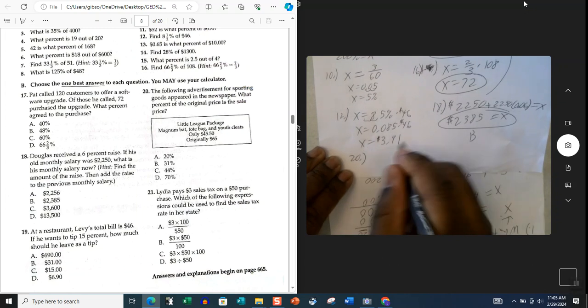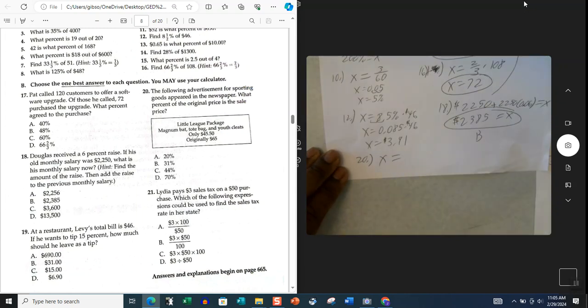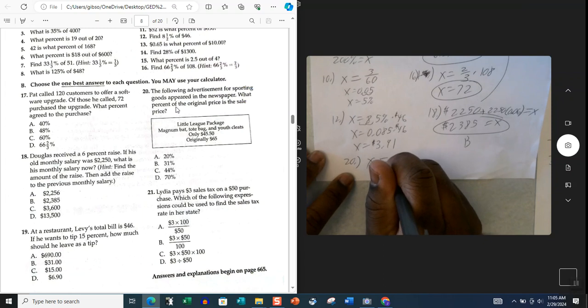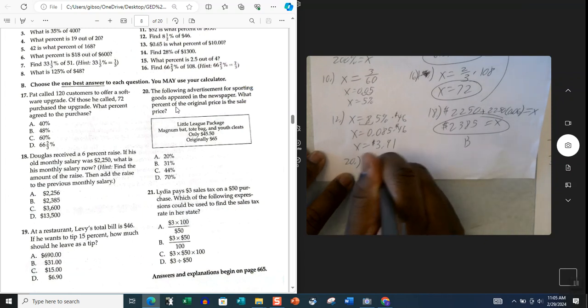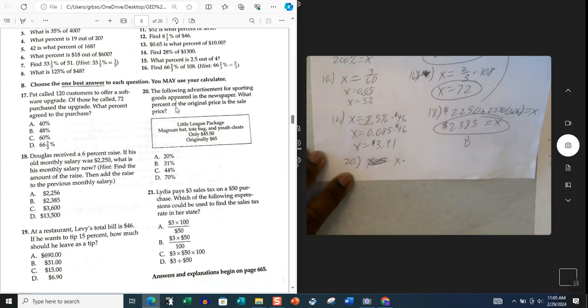What percent is X? Let me rewrite this. So what percent is X of means multiplication.